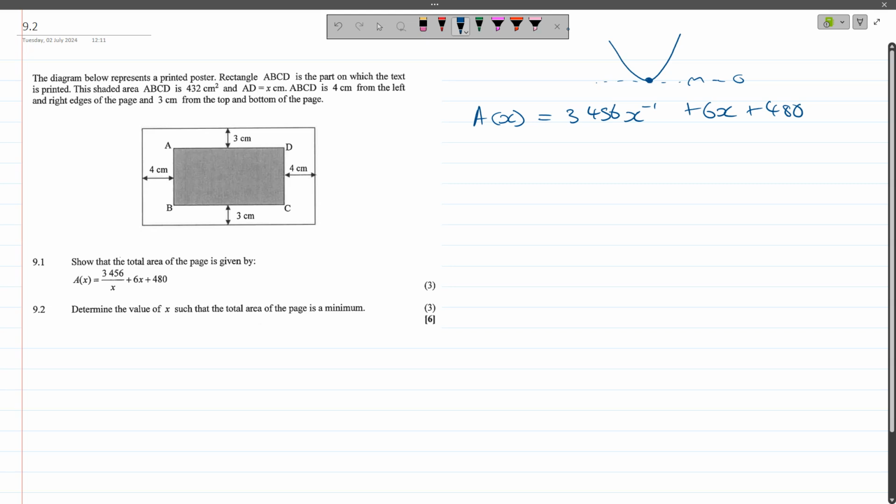So if we get the first derivative of this, this will be 3456 over x squared, because it's going to be minus 2 plus 6, like that. Now we want to equate this to 0. So 3456 over x squared plus 6 is equal to 0.